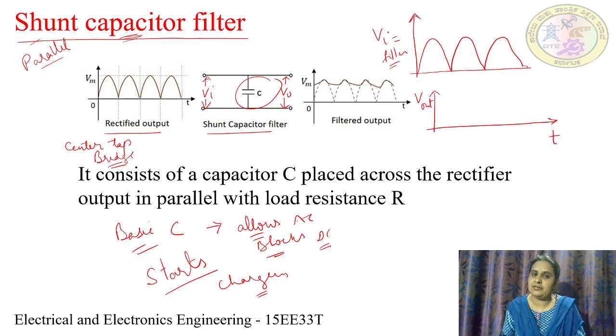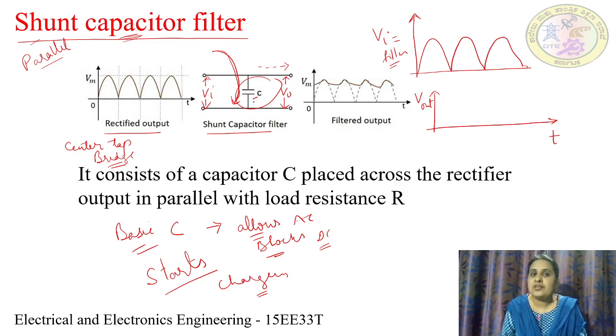All the AC will try to pass through this capacitor. None of the AC is present here. The capacitor acts as a short to the AC supply, offering the lowest resistance to AC, so it easily allows the AC.